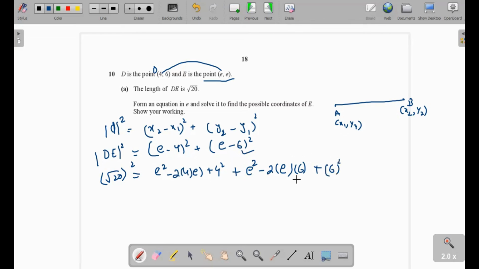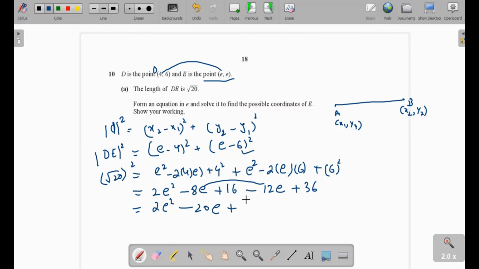This is 6 squared. Now 2e squared, minus 8e minus 12e, that is equal to minus 20e, plus 16 plus 36, that is equal to 52.